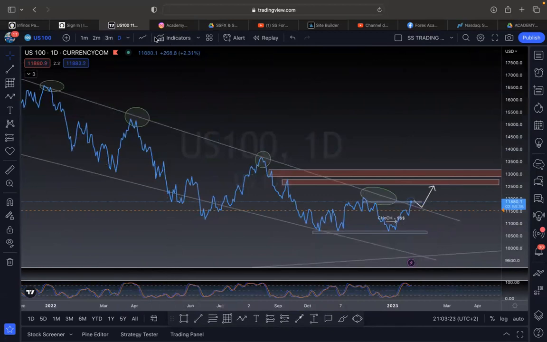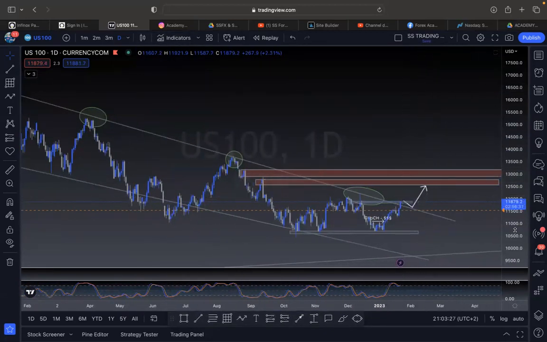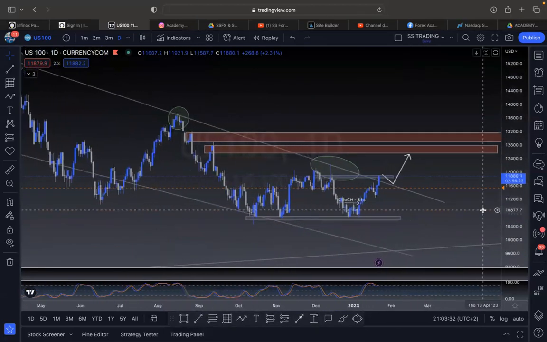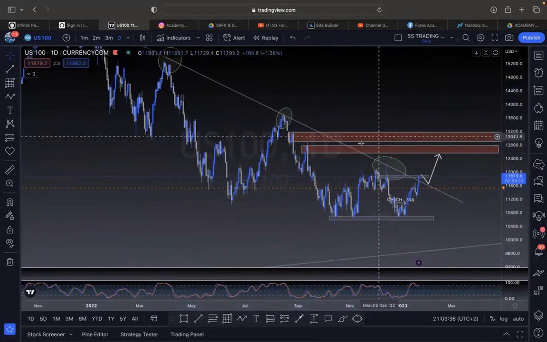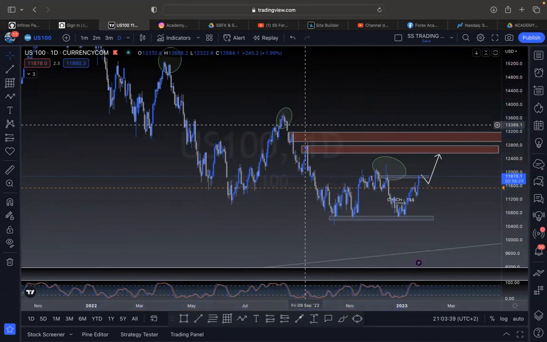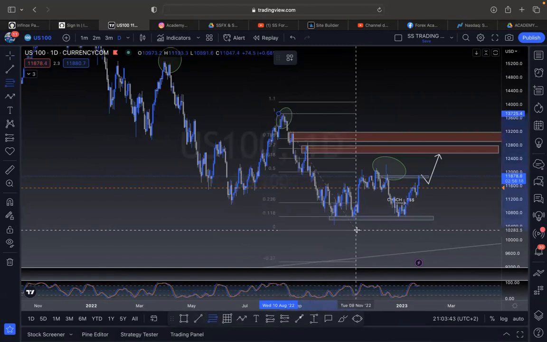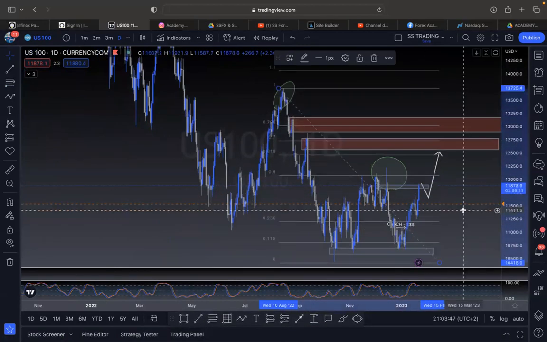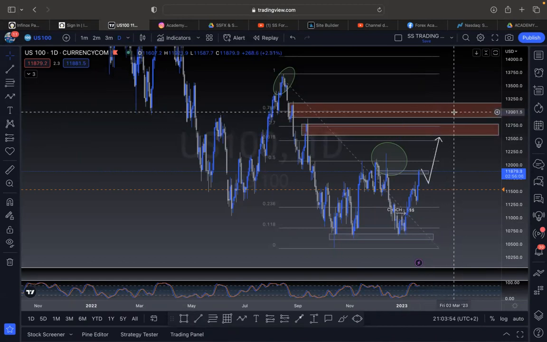But the other confluence that I told you guys was, if you're looking at your major structure, from that high to that low, we can potentially still see a sell-off later on from either of these levels.